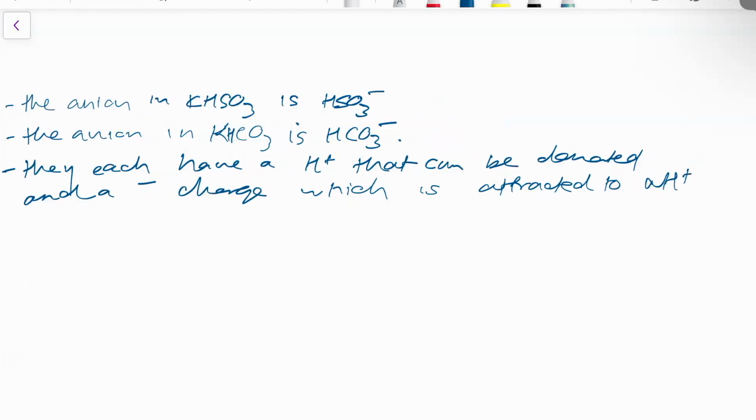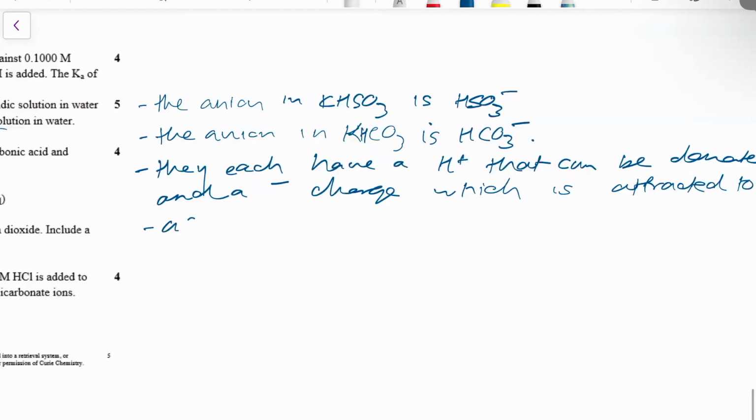So therefore, they can act as both Bronsted-Lowry acid and Bronsted-Lowry base, which means that they're technically amphiprotic.